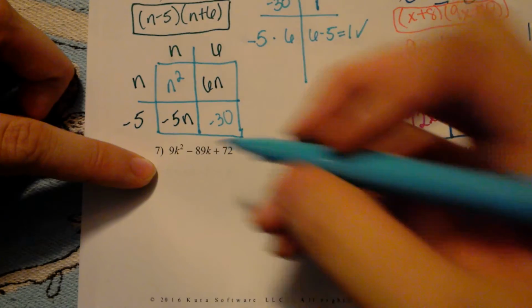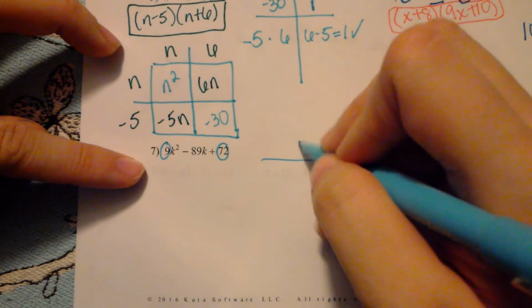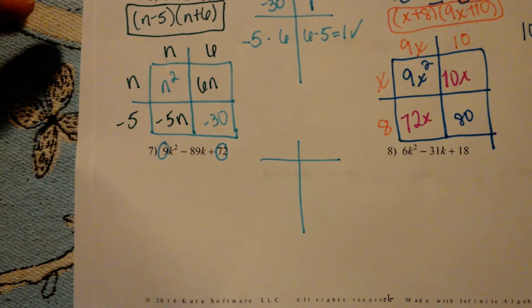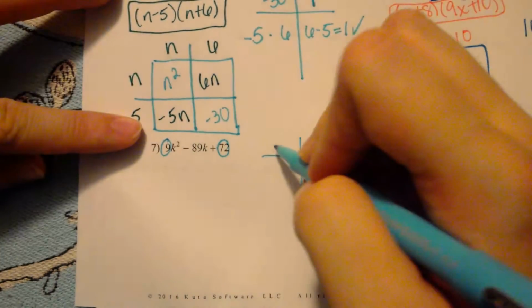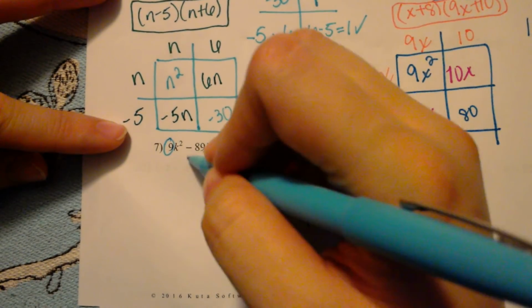So again on 7, I'm going to multiply 9 and 72. That's 648. It's my product. My sum is my middle term.